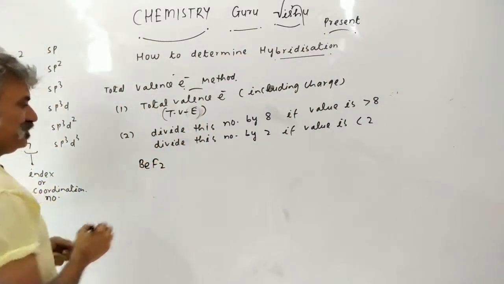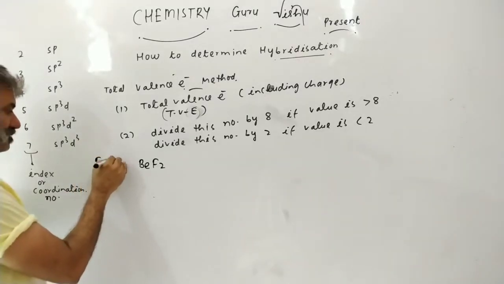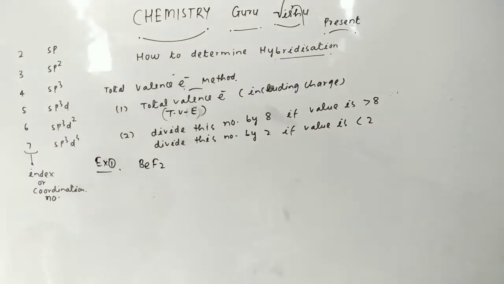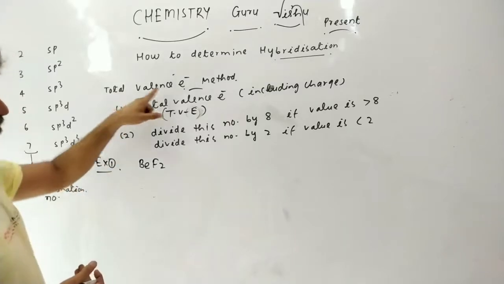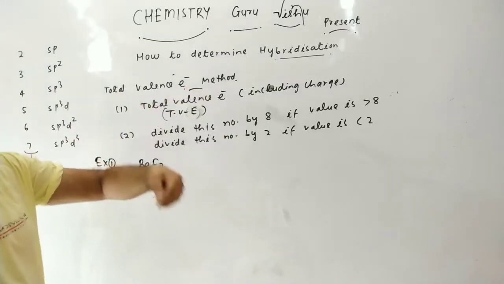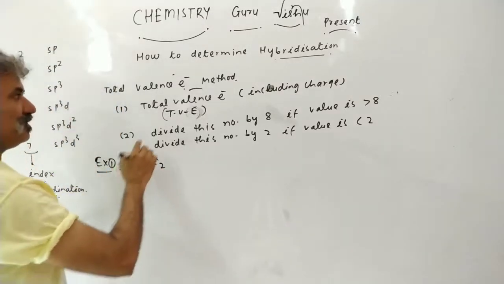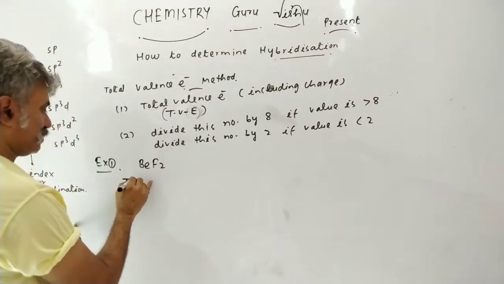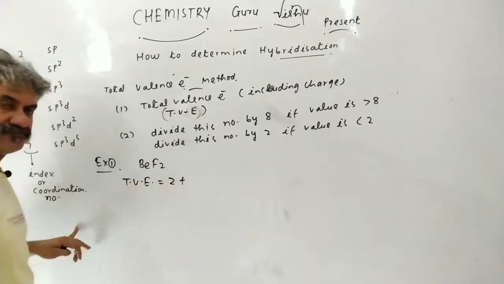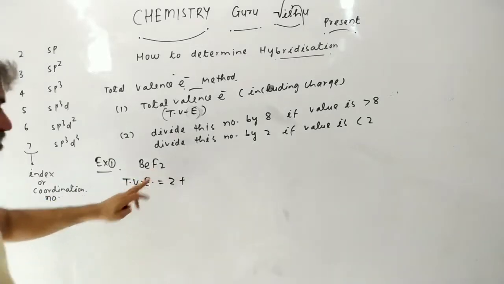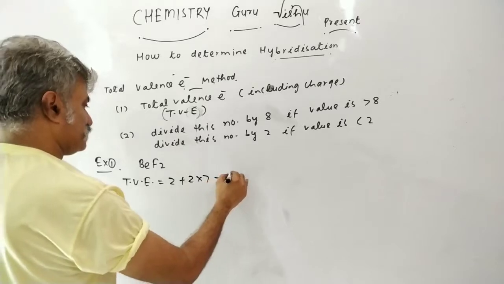So suppose we are taking the example of BeF2. Example number 1. I am using two methods, third and fourth: the total valence electron method and the bond formula method. So BeF2, total valence electrons: beryllium has 2 valence electrons, fluorine 7 valence electrons, so 2 into 7, 16.